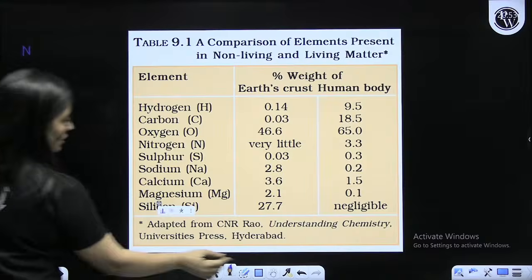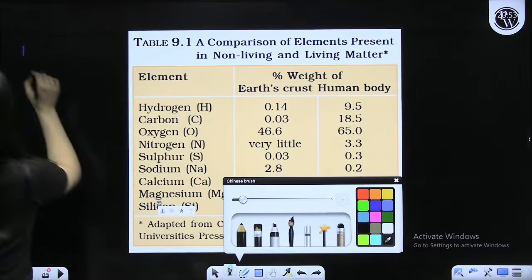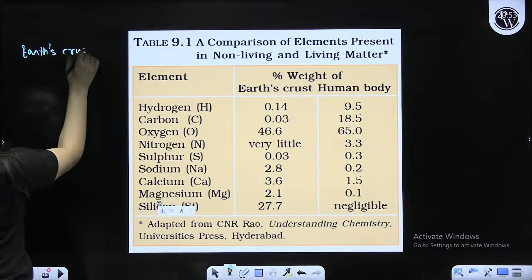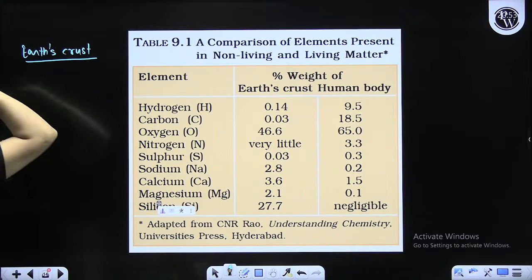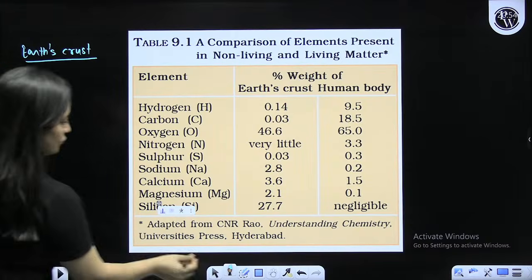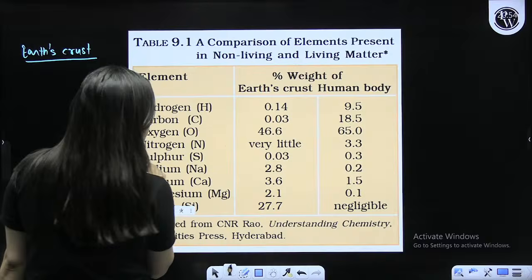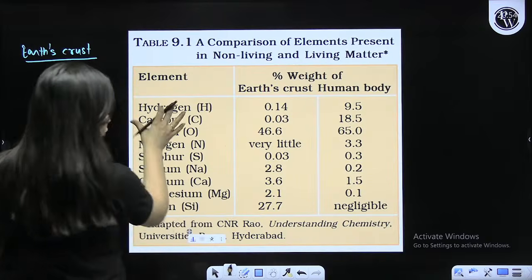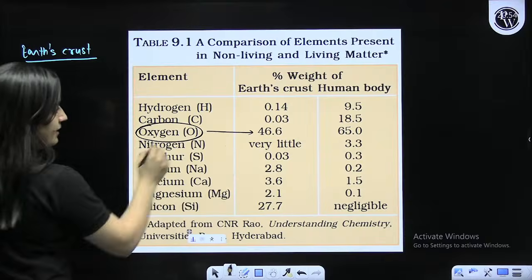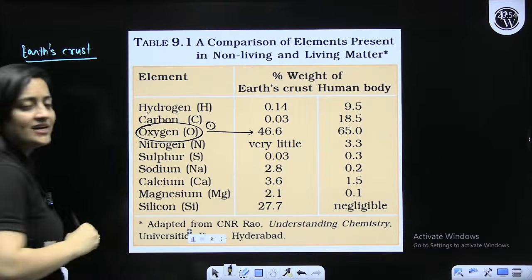If I talk about the non-living, that is the earth crust, what do we have there? I will focus mainly on carbon, hydrogen, oxygen and nitrogen. Let's see the table overall. Maximum is oxygen. Number one is oxygen.